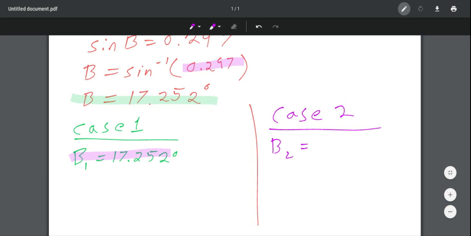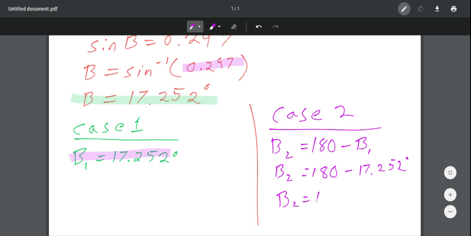So in order to find B2, you would say, I need to take 180 and I need to subtract B1 from that. Well, let's take a look. You have to do 180 minus 17.252 degrees. Well, if I subtract that, 180 minus 17.252, I'm going to get B2 to be equivalent to 162.748 degrees.